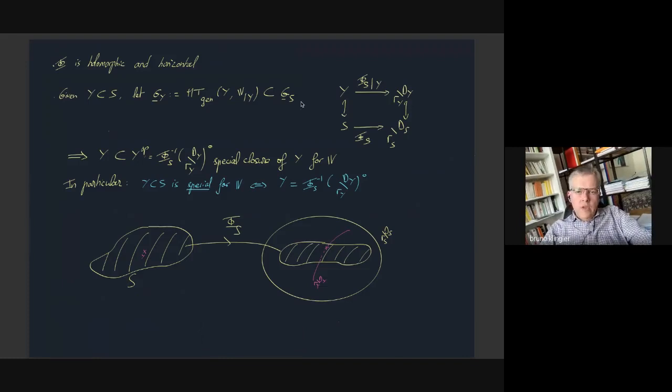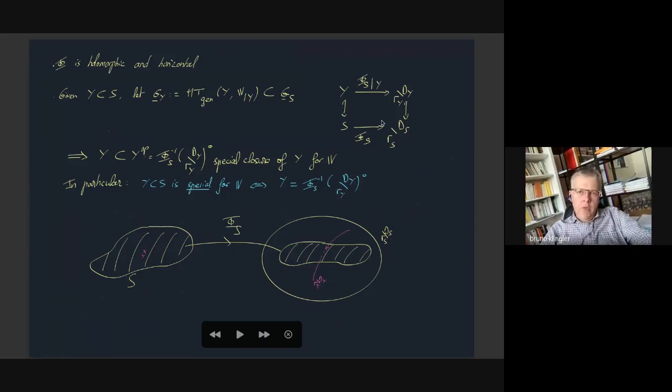So now let's try to interpret the special subvarieties in terms of this period map. You start with your period map here, and inside this quotient of the period domain, there are countably many beasts of the same kind, which are also quotients of smaller period domains. Okay. So here I tried to make a picture. On the right, you have Ds mod gamma s, and inside Ds mod gamma s, you have a very regular submanifold, which is Dy mod gamma y, which is smaller.